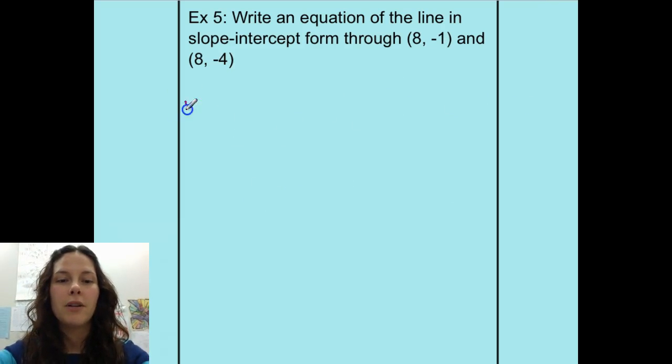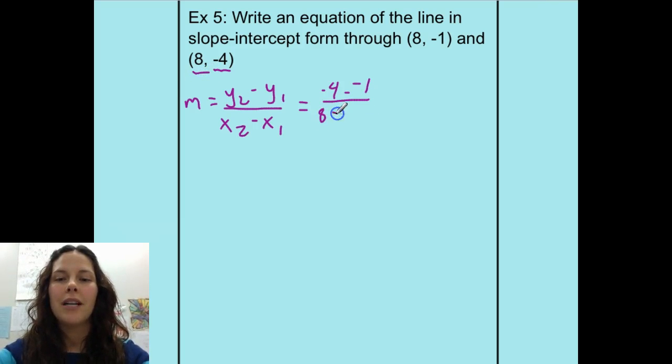Last one, setting up our slope, y2 minus y1 over x2 minus x1, change in y over change in x. This time I'm going to start with the second ordered pair. So we have negative 4 minus negative 1 over, going back to the second coordinate, 8 minus 8.